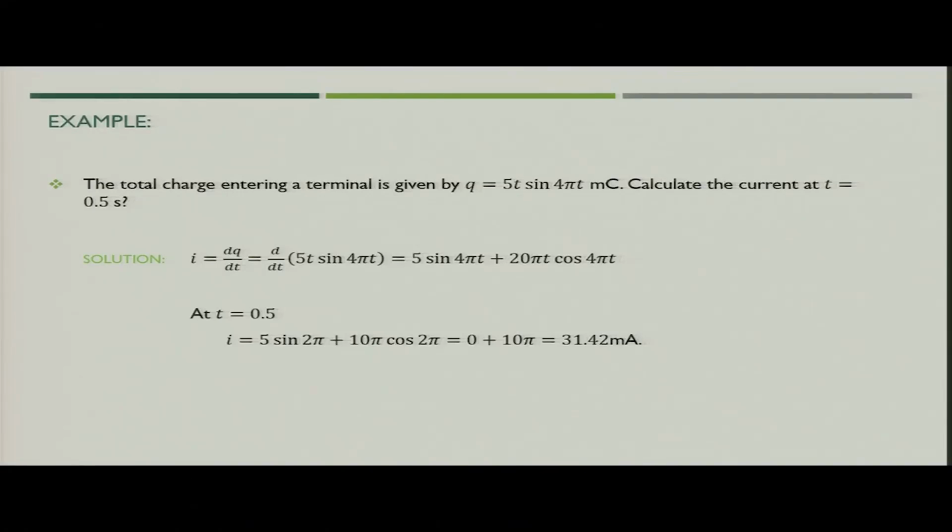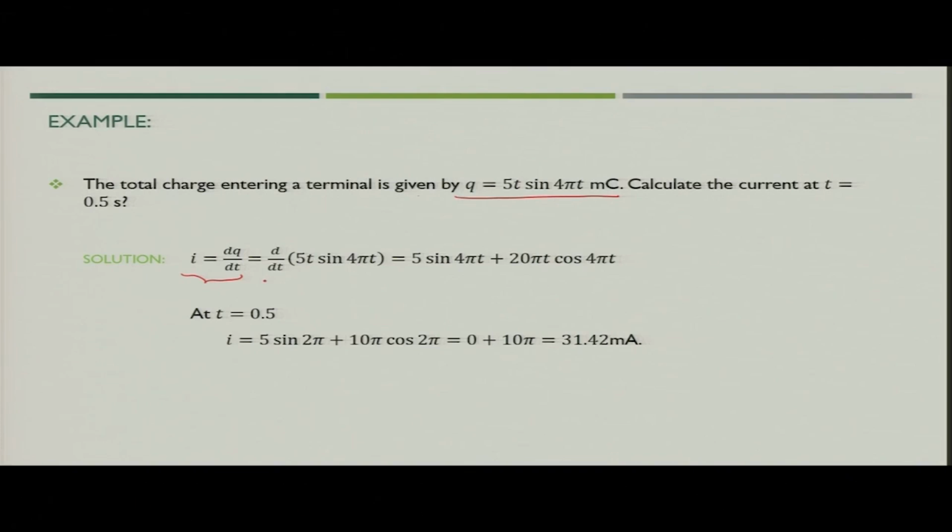Now, let us take another example. If the total charge entering a terminal is given by q equals 5t sin 4 pi t millicoulomb, how will you calculate the current? Since current I is dq by dt, you have to simply differentiate q with respect to time t.